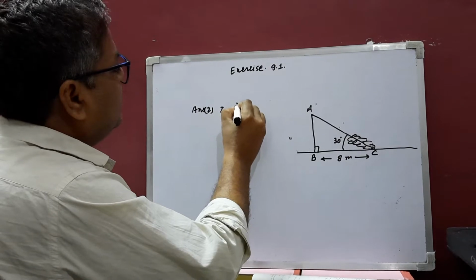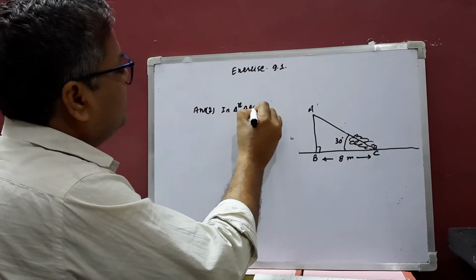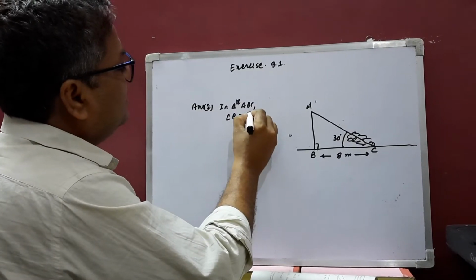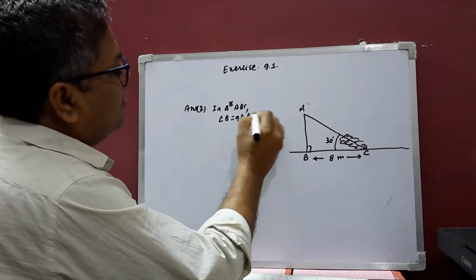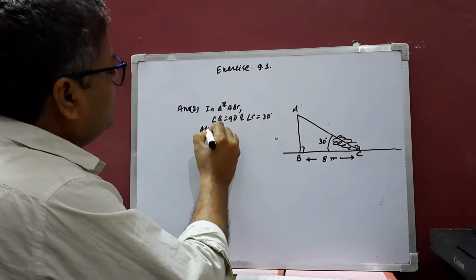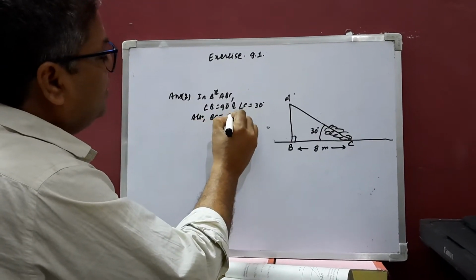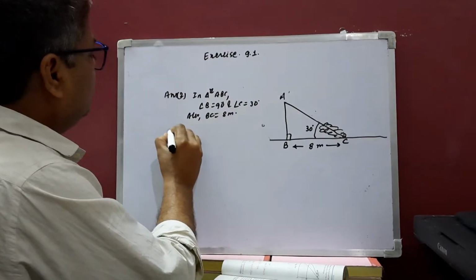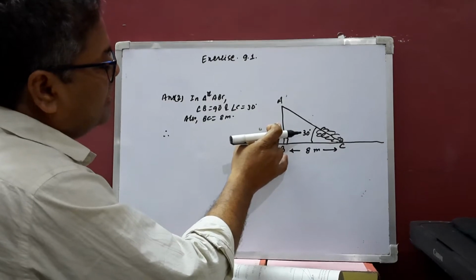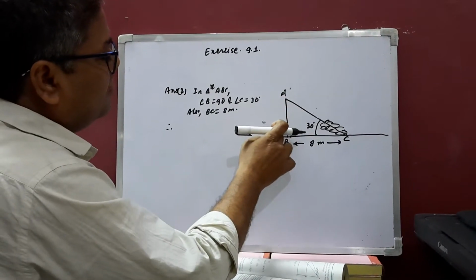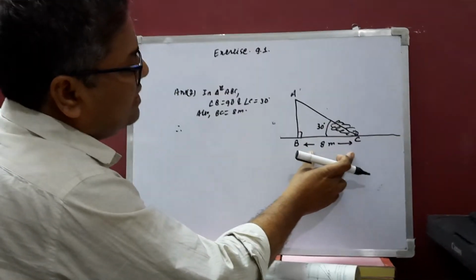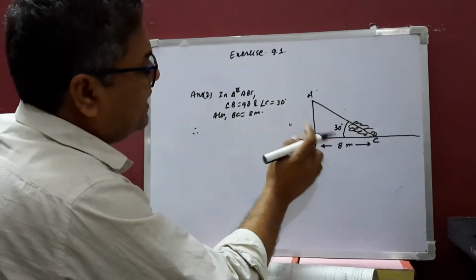In right triangle ABC, you will write here angle B is equal to 90 degree and angle C is equal to 30 degree. Also BC is equal to 8 meter. This is given to you and we want to find the value of AB. So AB and BC are linked with tan theta.